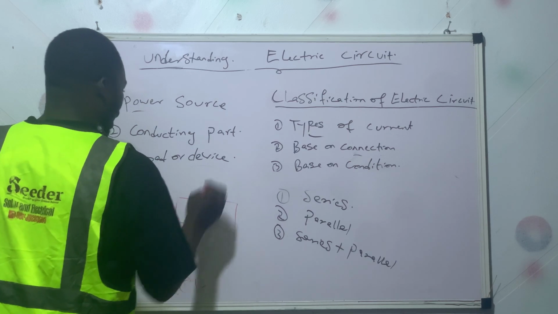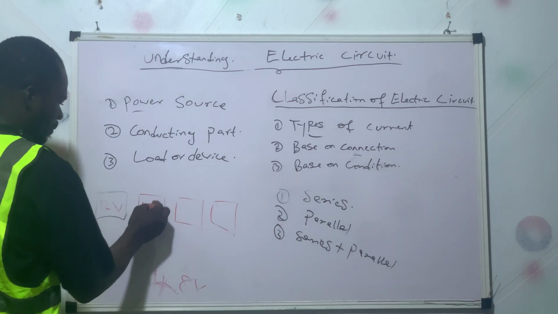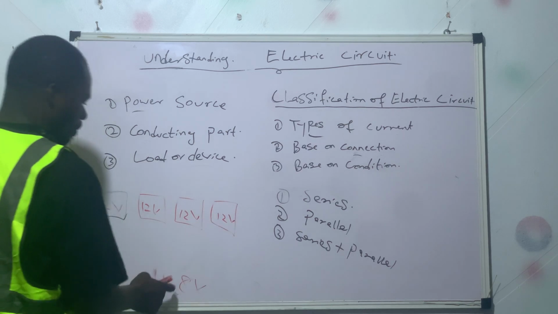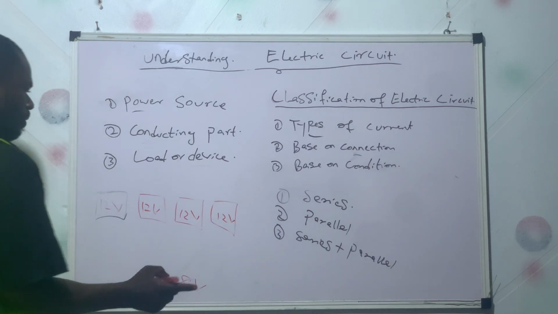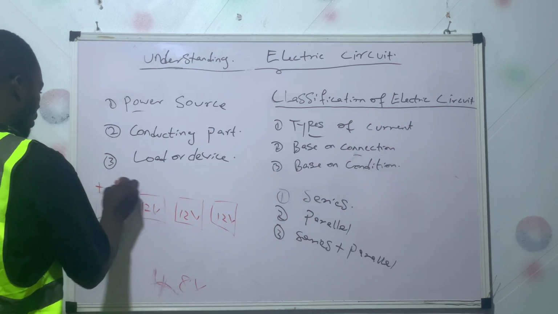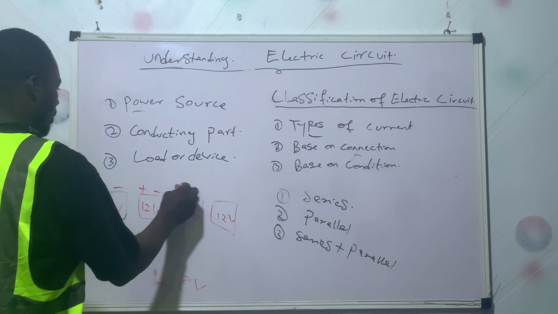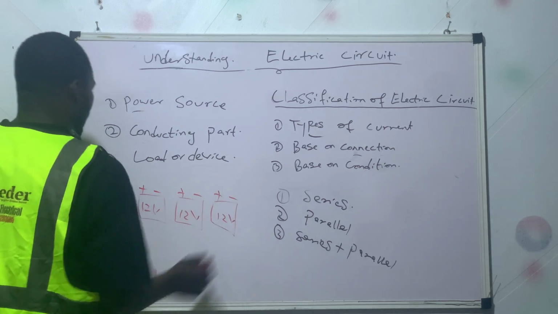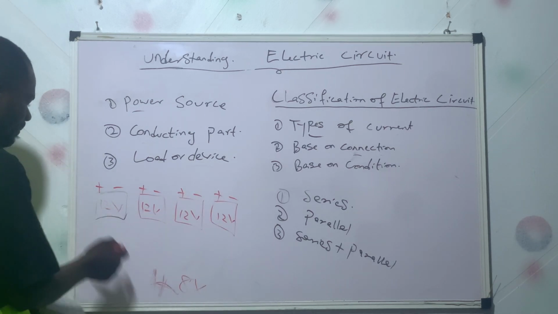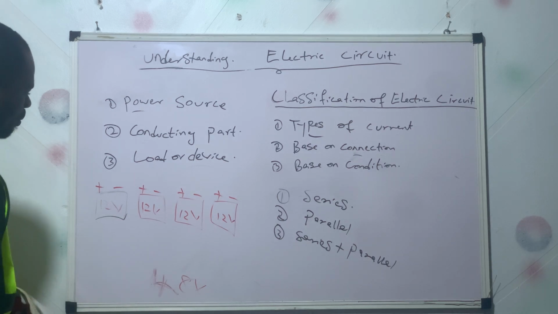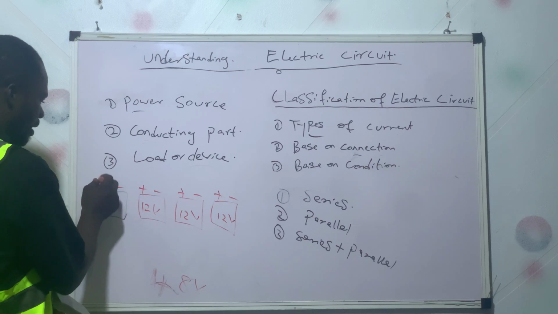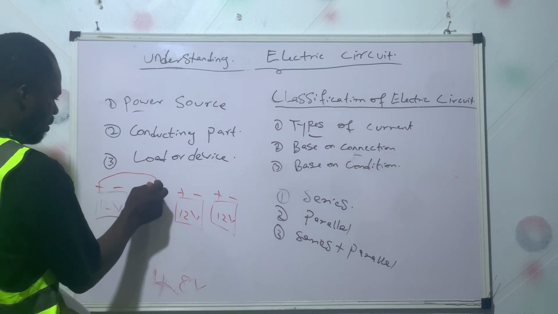Let's say these are your batteries: 12 volts, 12 volts, 12 volts. Because you need 48 volts, your best connection will be in series connection, and this is plus minus, plus minus, plus minus, plus minus, your positive and negative charge of the battery. For you to achieve this, you need to connect in series connection. How do you connect in series connection? You take the positive charge of this battery and add it to the negative charge of this one.